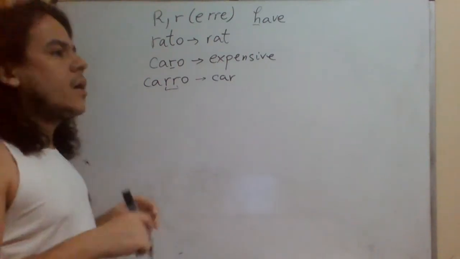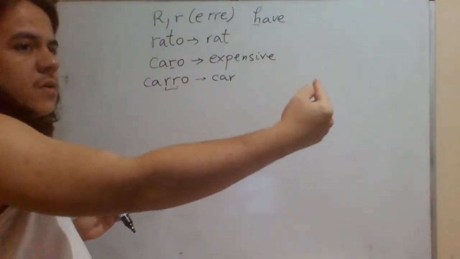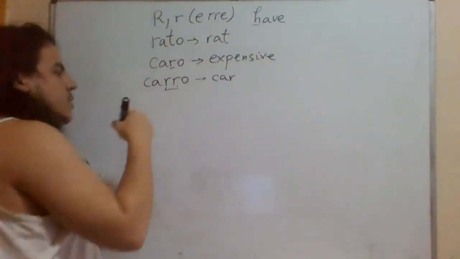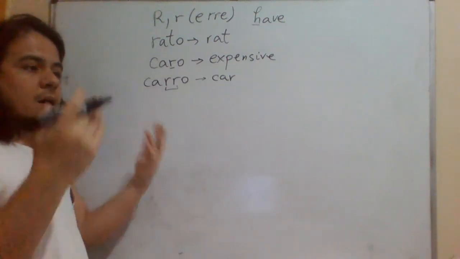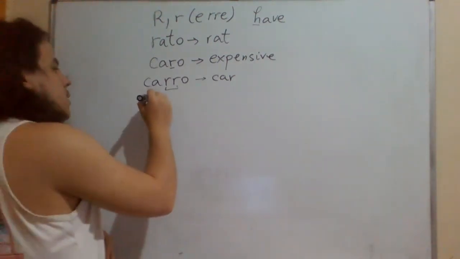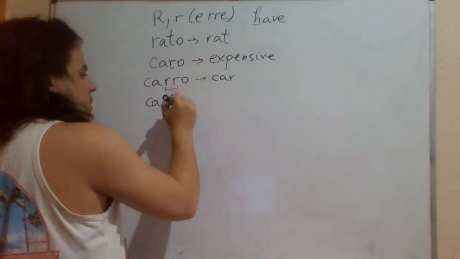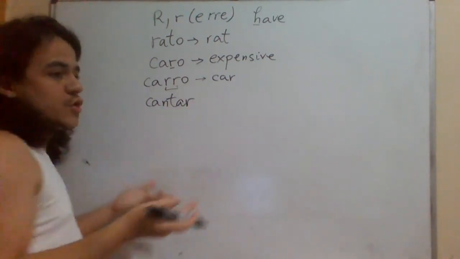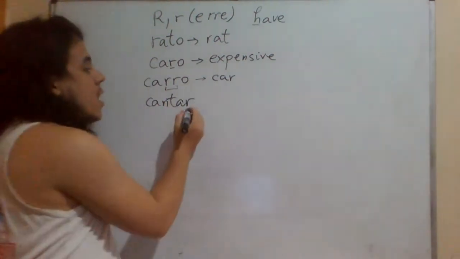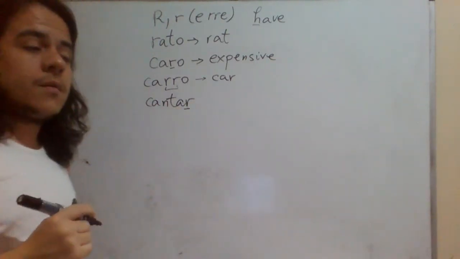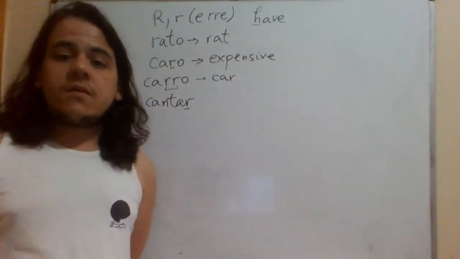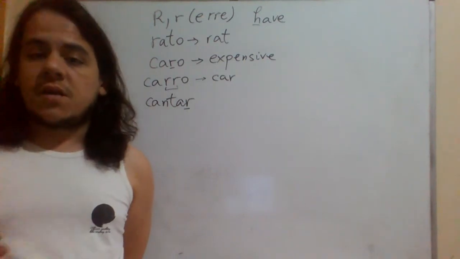And letter R can come at the end of the word. For example, the verbs we had seen. For example, cantar, it's to sing. So when letter R comes at the end of the syllable, we have different ways of pronouncing it.